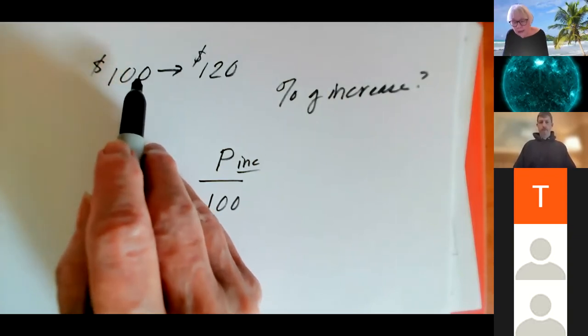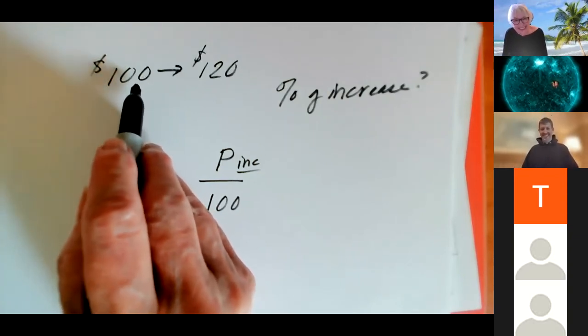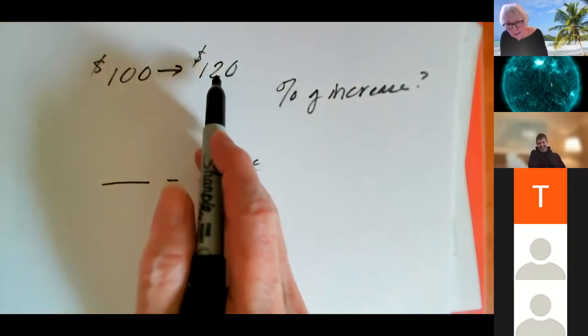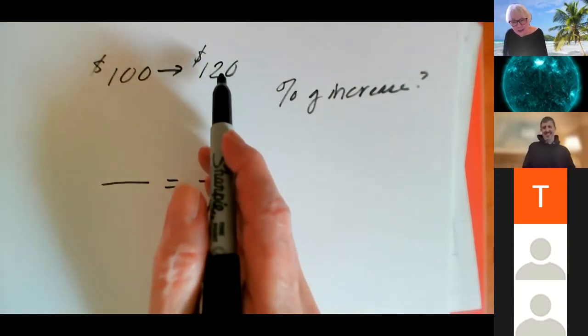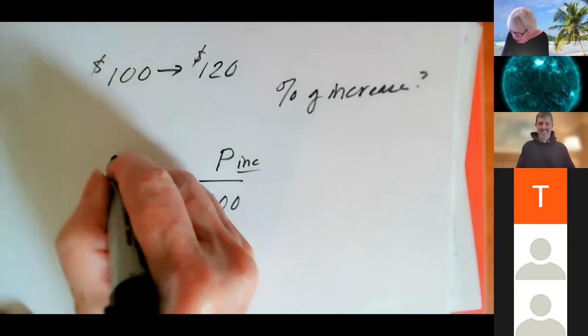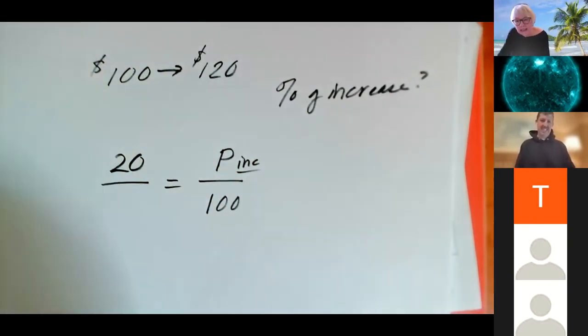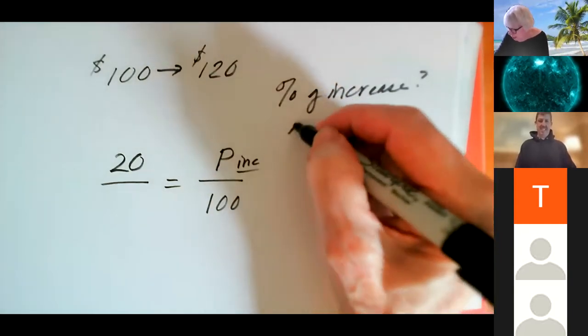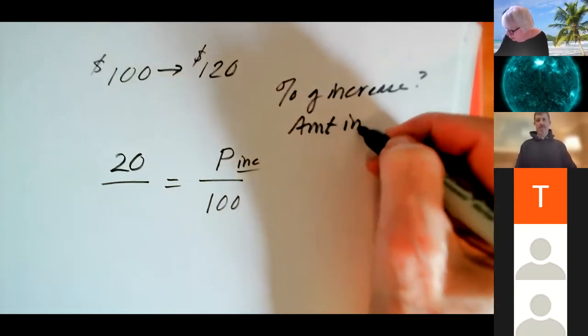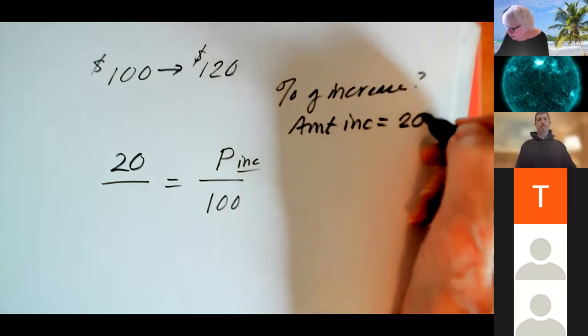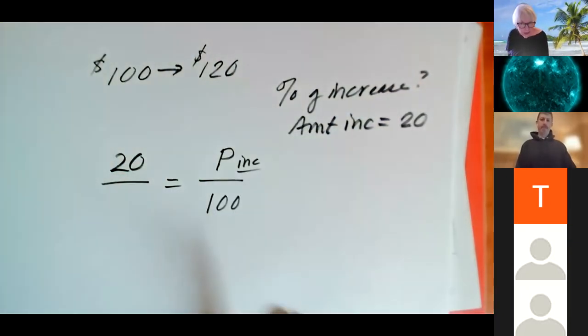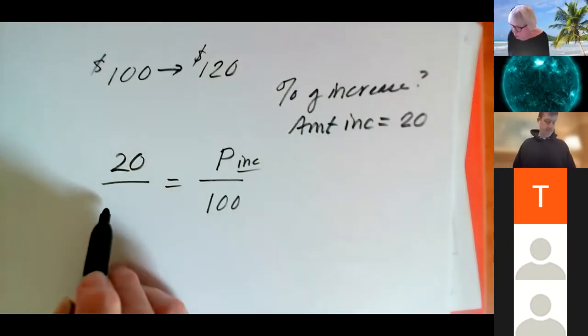Well, you didn't like it, but you were prepared. What are you annoyed about? 120. 20. This is the trick about percent of increase. The amount of increase is 20, and you get it by subtracting. And then over the original.